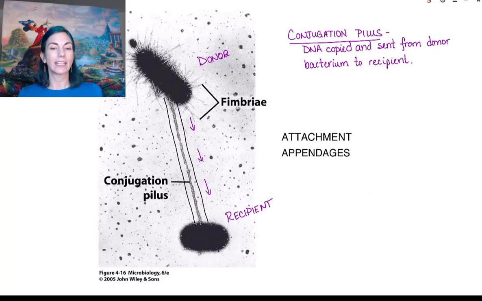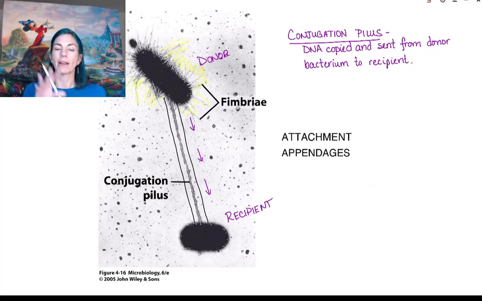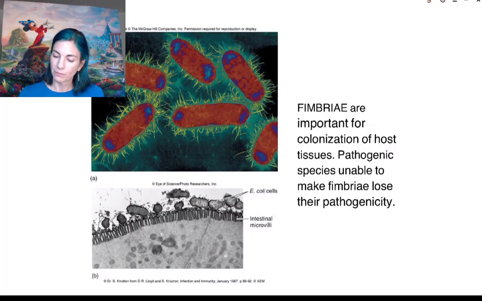Going back to this picture, you can see that there are fimbria here. They're sticking out. All these little what look like sharp spikes are actually hair-like appendages called fimbria that allow that cell to attach. Here's another picture of bacteria that are expressing fimbria.